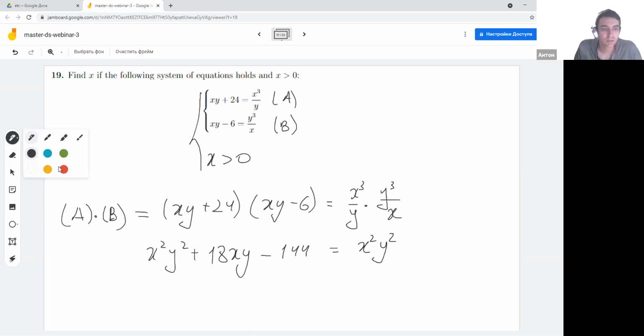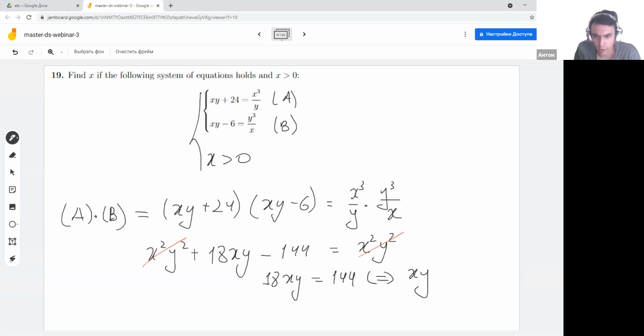Crossing out the same values leads us to just 18xy equals 144, which is just xy equals 8. Well, then you can, for example, take this expression for x from here and just substitute it into the first equation.